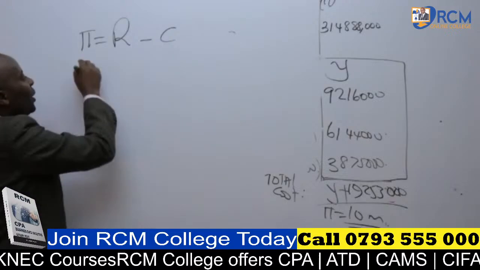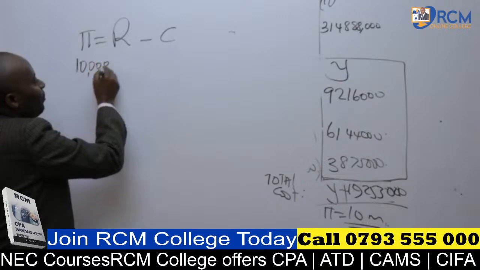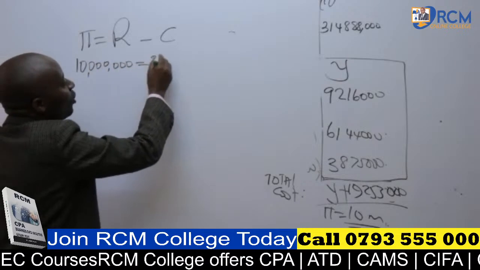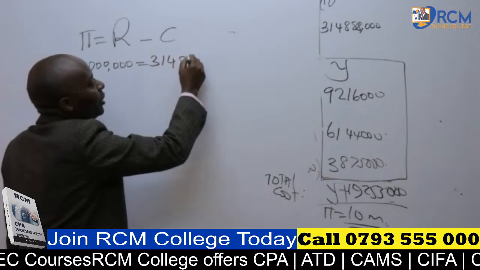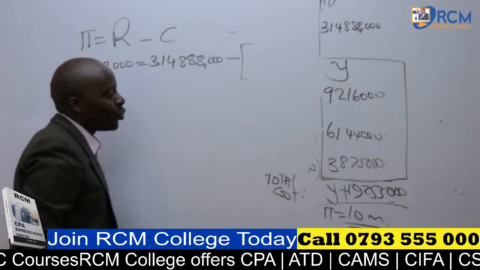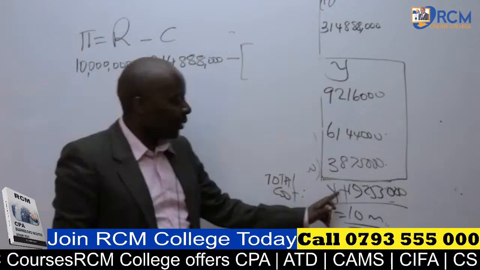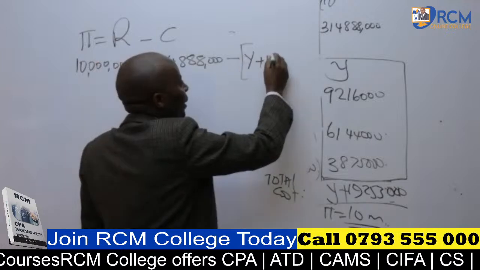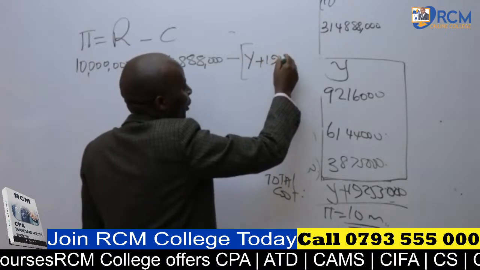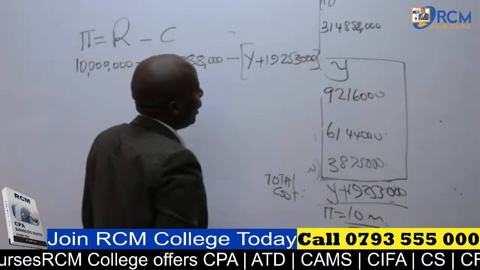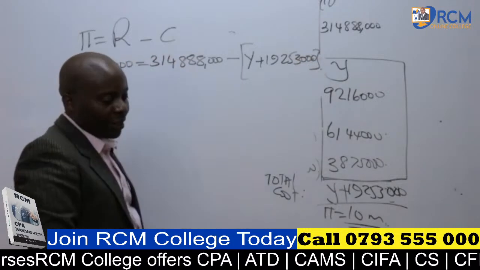The profit we are targeting is 10 million, which will be equal to the revenue that we already have, which is 314,888,000, minus our cost, which has got two terms. So the cost inside here will be y plus 19,253,000. So your work today will be to make y the subject of the formula.